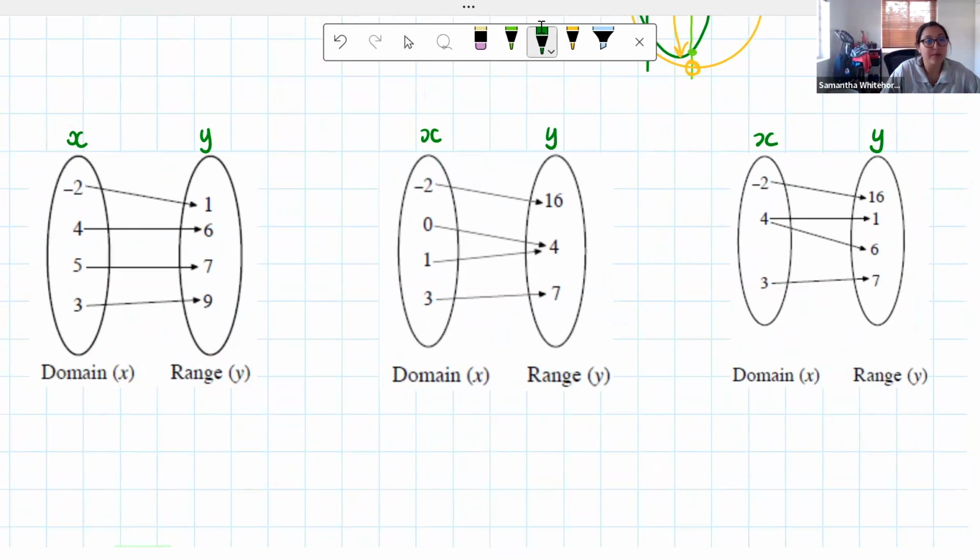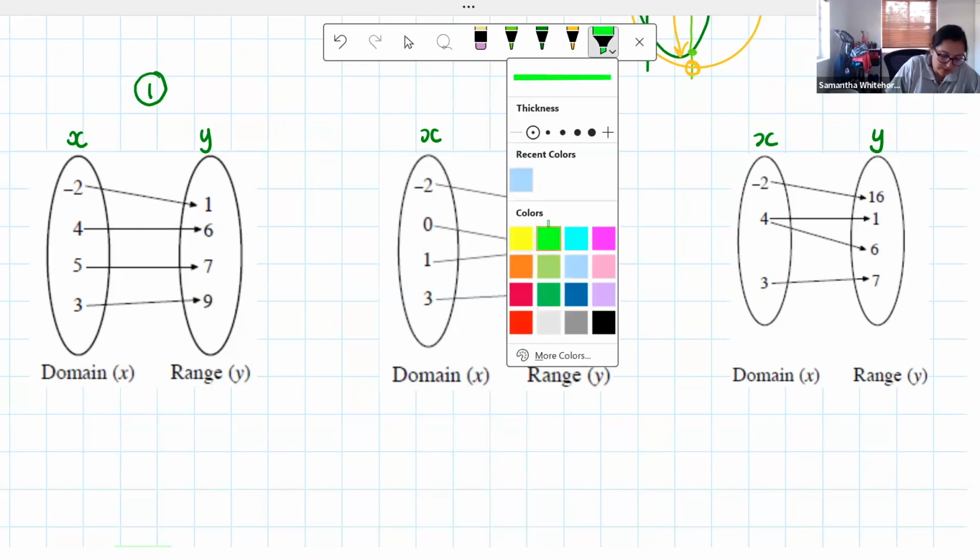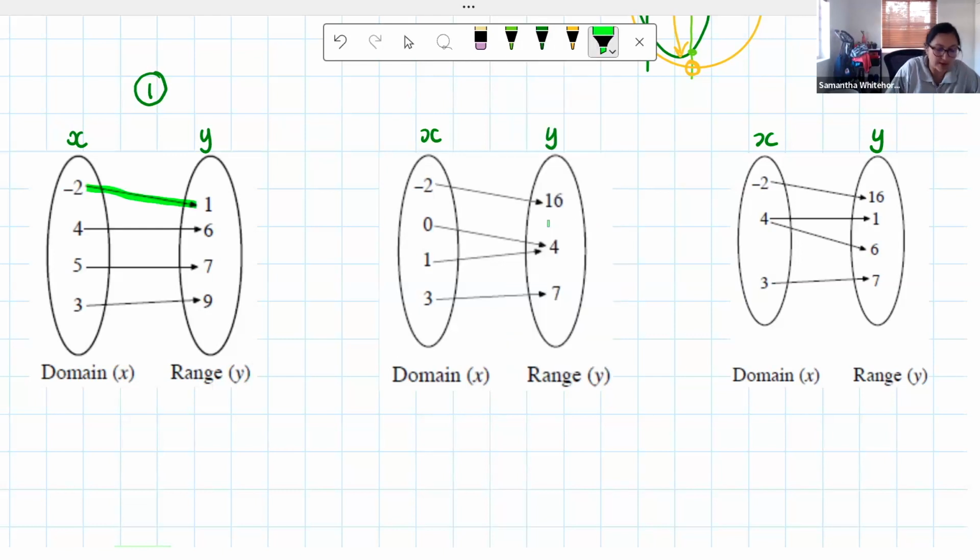So these are representing ordered pairs of a relationship between X and Y. So what I want you to see in this first example is that every single X value only has one single Y value. So what I mean by that is this -2 only has an output of 1. This 4 only has an output of 6. This 5 only has an output of 7. This 3 only has an output of 9. So for every single X input, I've got one single output.